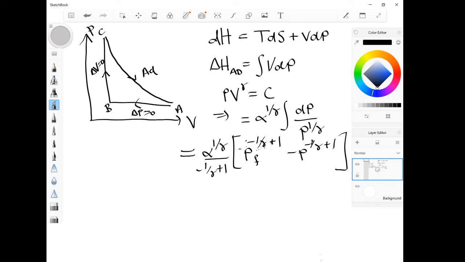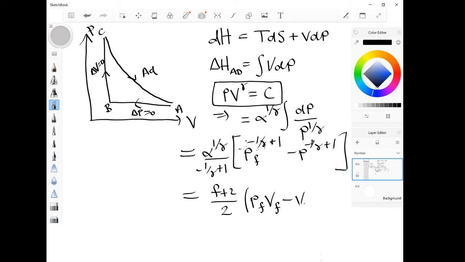And then when you substitute in the adiabatic equation there, you should end up with f, and I got this because gamma is equal to (f plus 2) on f.